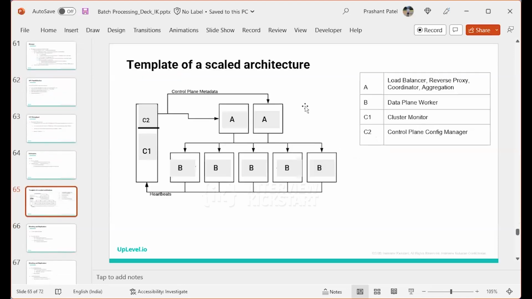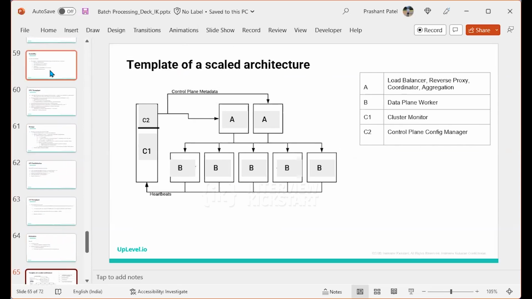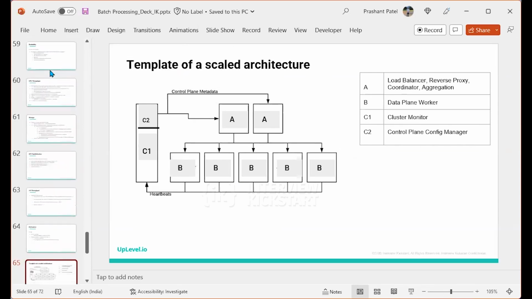This is important. When you are done with at least the schema part, you can discuss that. Probably you discuss the algorithm and the sharding as well. Then you can discuss what this C1 is doing, what the configuration manager is doing. This configuration is going to have the list of the shards in which the user has data.